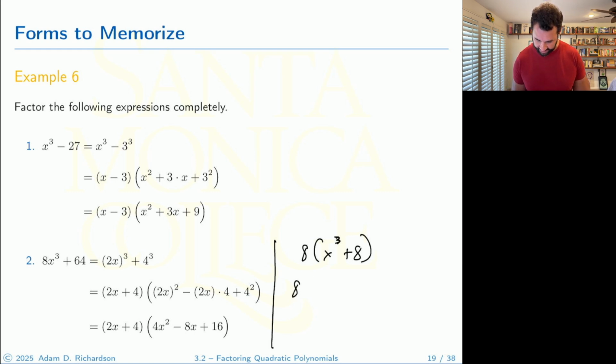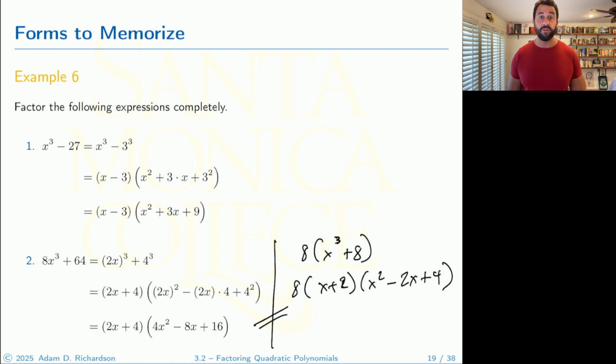So this is going to be 8 times x plus 2, x squared, same, opposite, times AB. So that will be 2x plus 2 squared, which is 4. There we go. Yep. And these are both equal. So that's like a full factorization right there. I could factor this even more. All right. Okay, so now we've talked about those special forms.